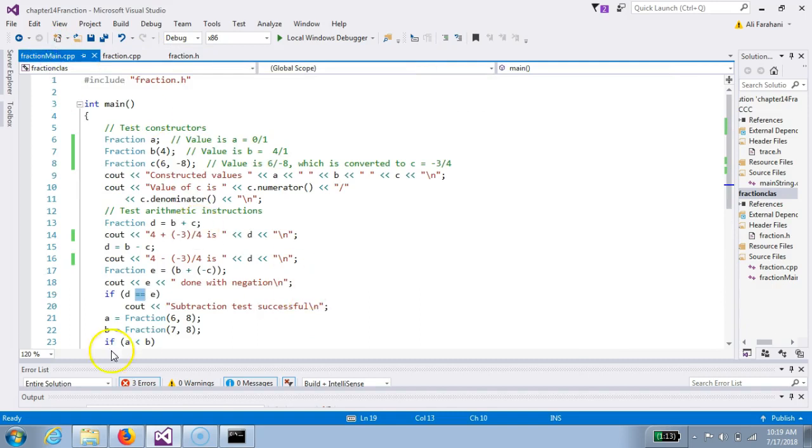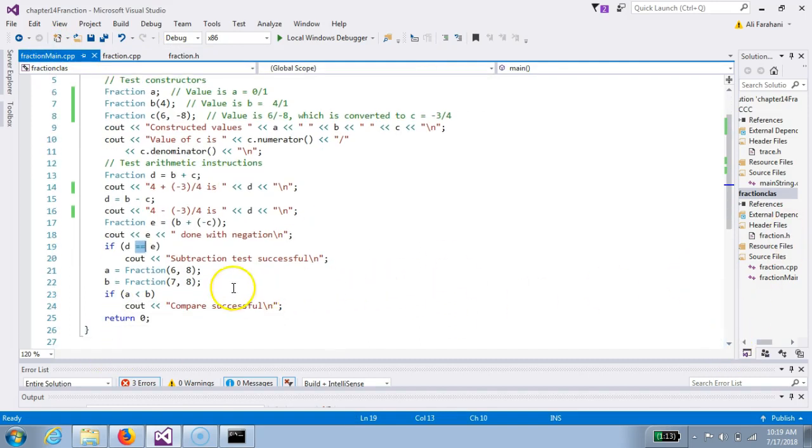And also, at last, we have these 2 other fractions. We create a fraction a, which is equal to 6 over 8. After normalization, this is 3/4. Then another fraction, 7/8. So b is equal to 7 over 8.